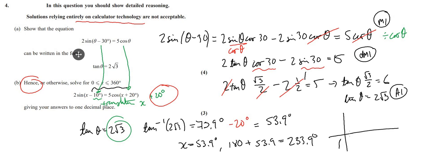Think of our graph again. That's our graph, so we've got positive solutions. That means we've got one here and one here. So we're looking for two solutions, and we've found them both: 53.9 and 233.9, and we're done.